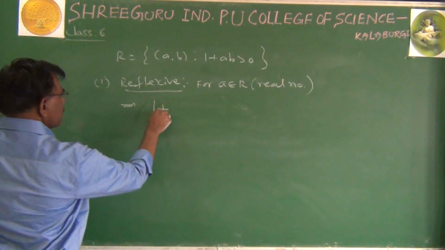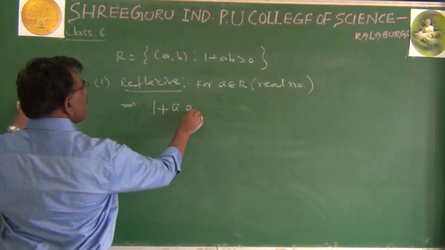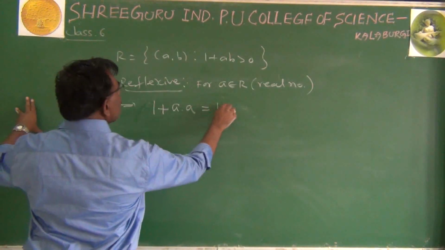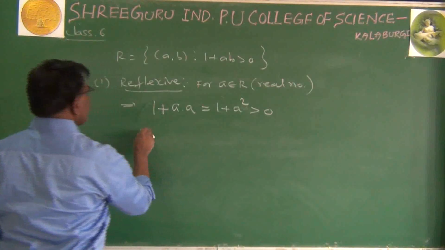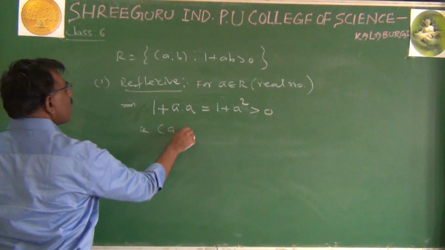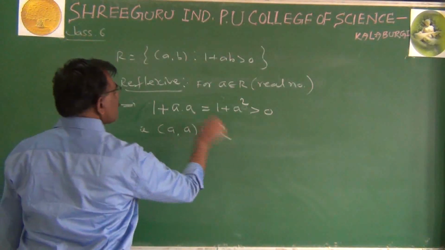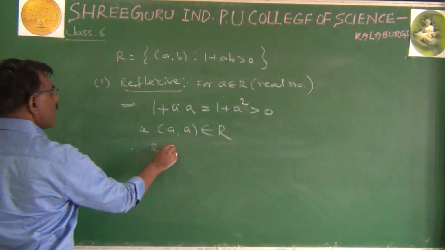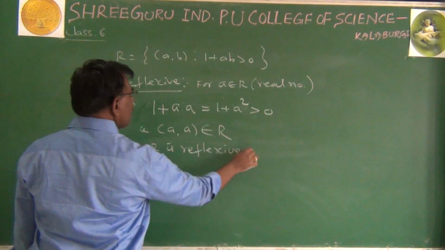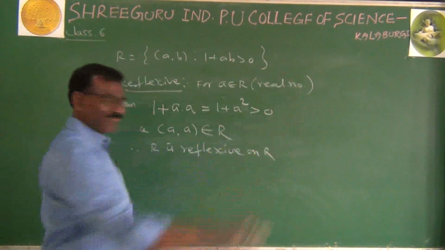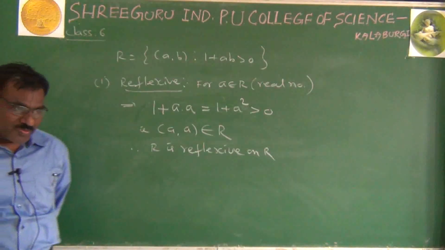That is, (a, a) belongs to R. Therefore, R is reflexive on R.